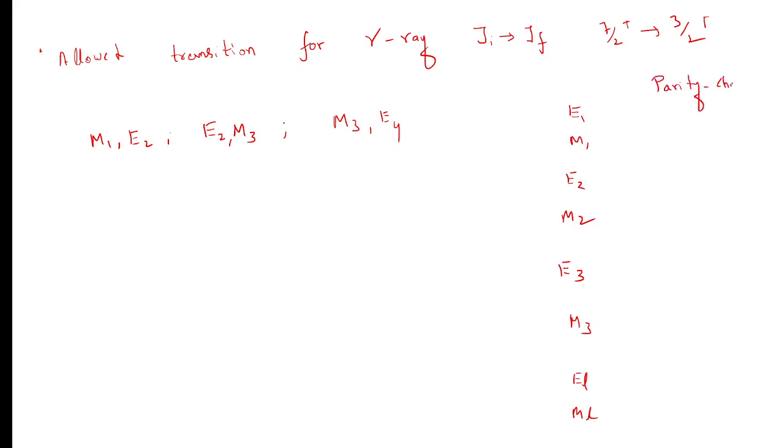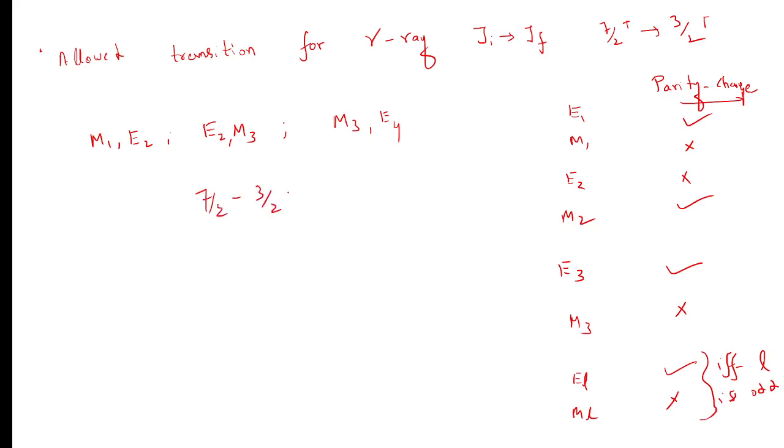Parity change will be... right, cross, cross, right, right, cross, right, cross, if and only if L is odd. Okay, so you can see the parity hasn't changed, so you can have this number of terms. This will be plus. Have 2 to 5, right? So 2, 3, 4, 5.